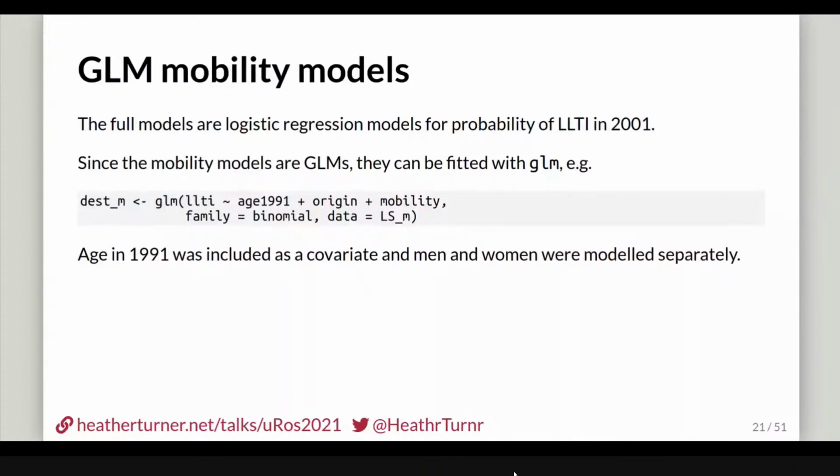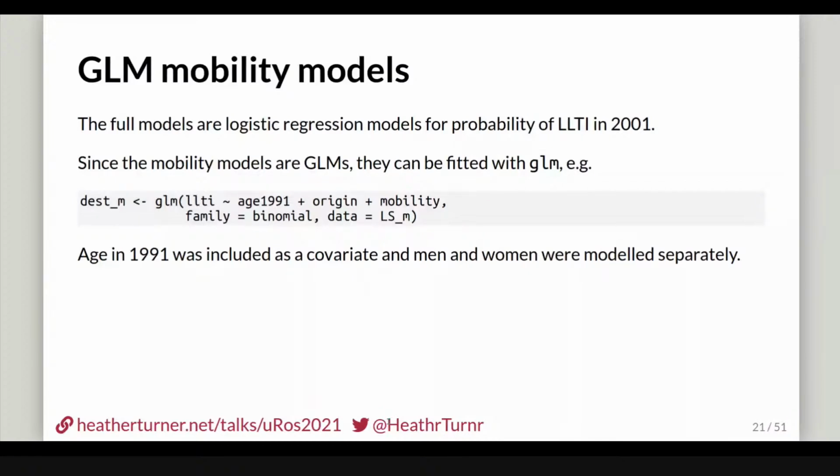And these are linear models because we've just got constant effects in the model, so we can fit these with GLM. Here we've got GLM of the probability of long-term limiting illness with a predictor with age in 1991, the origin effect and the mobility effect that I just described.